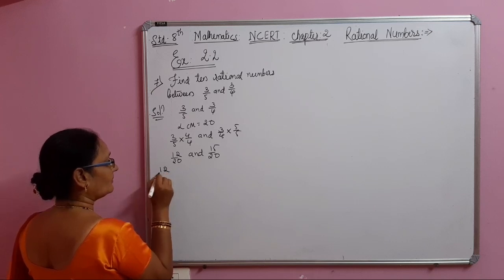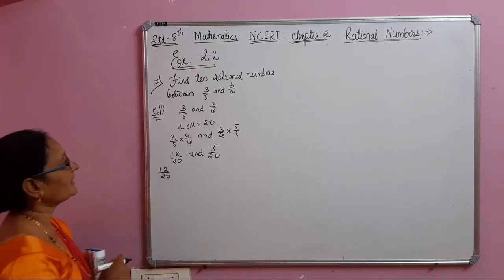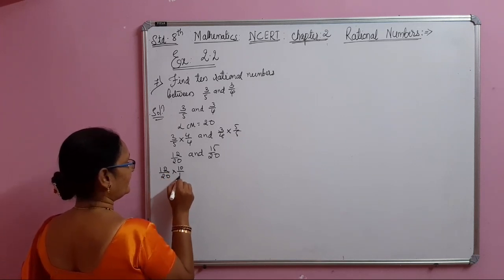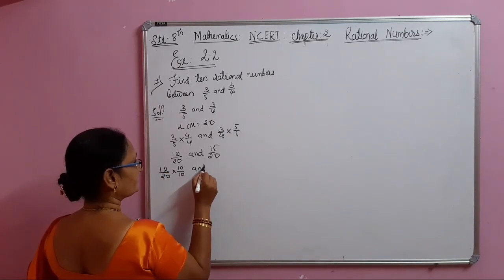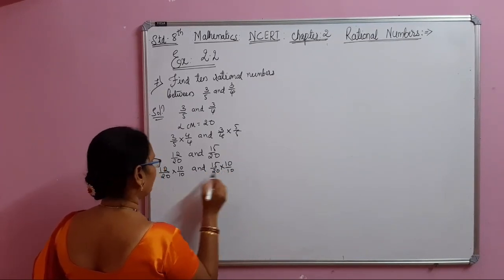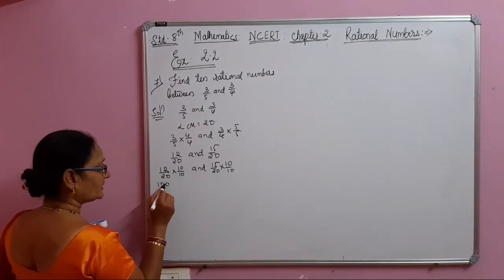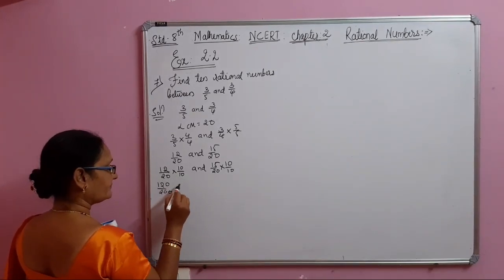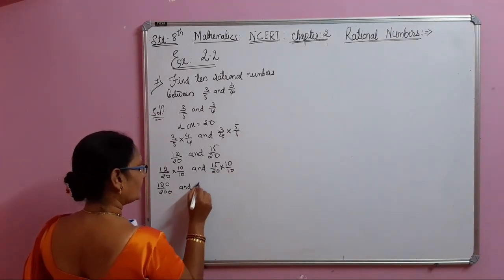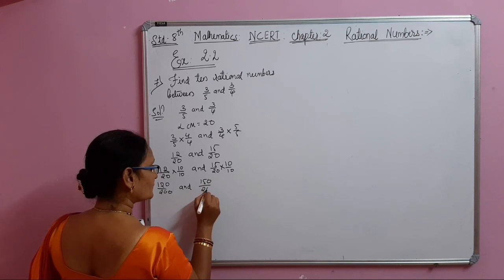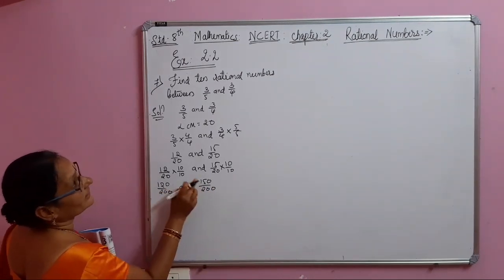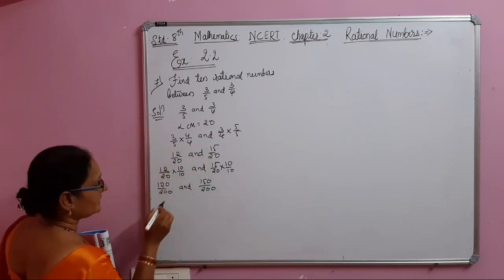Now 12 by 20, we multiply this by 10 by 10, and 15 by 20 into 10 by 10. 12 tens are 120 by 200, and last comes 150 by 200. In between that, see, 121 to 149. So many we will get. In that we will write any 10.